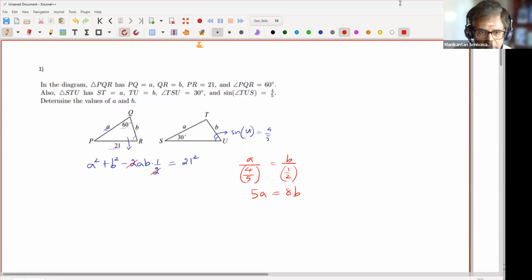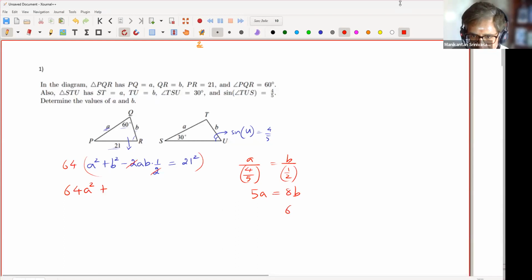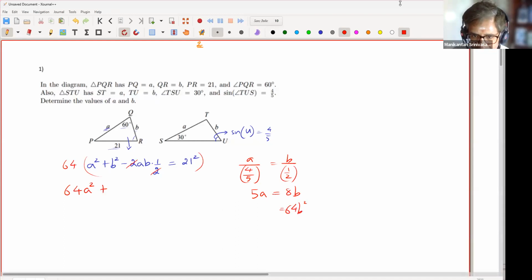5A equal to 8B. So let me just multiply throughout by, let's say, 64. The reason I'm doing that is so that I have everything in terms of A square. So 64A square plus 64B square would be what? Square of this, right? 25A square. I don't want to deal with fractions.